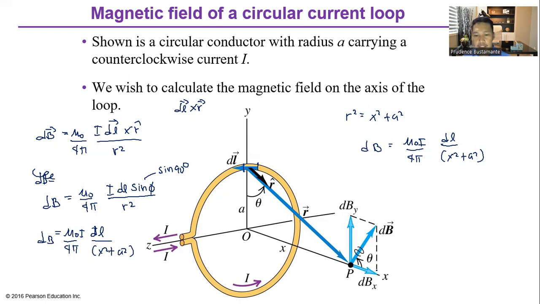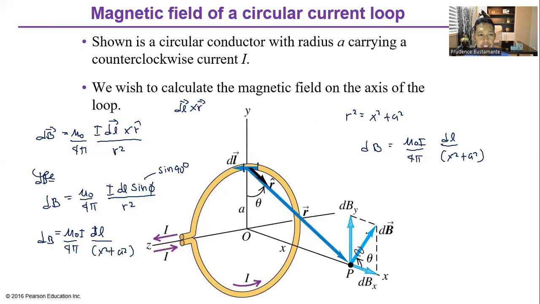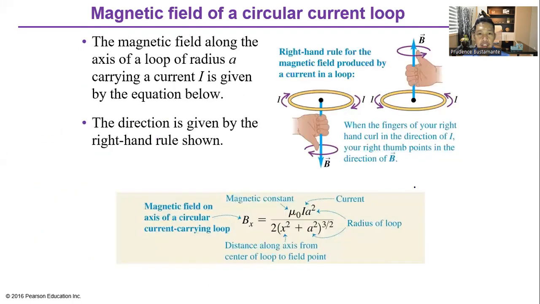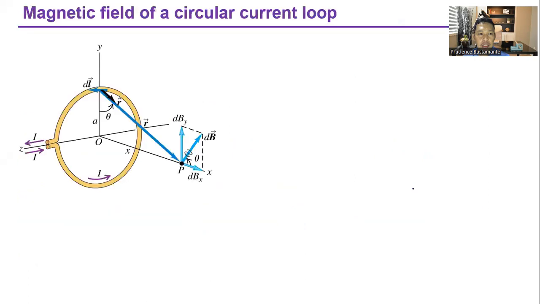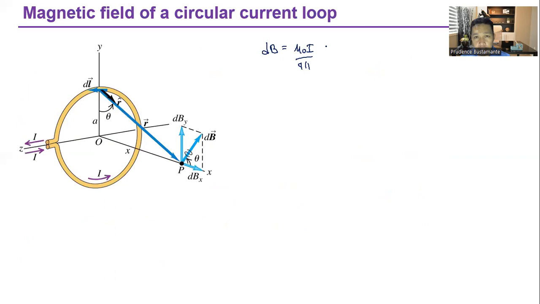Since we have dBx and dBy at angle theta, recall our dB is equal to mu naught I over 4 pi times dL over x squared plus a squared.